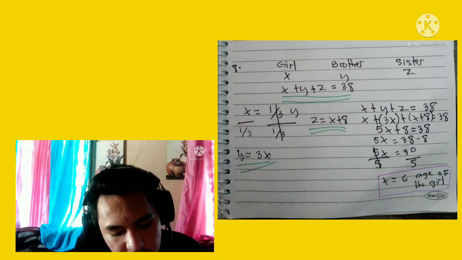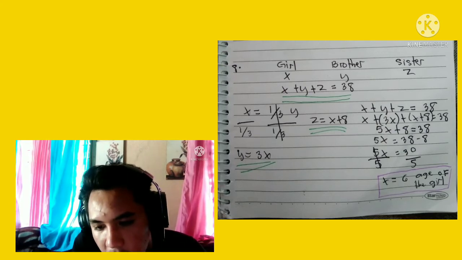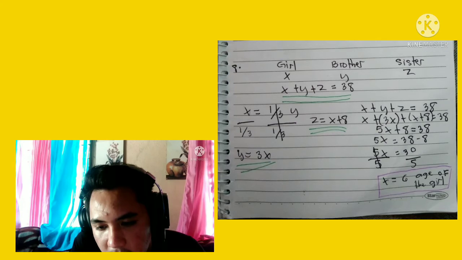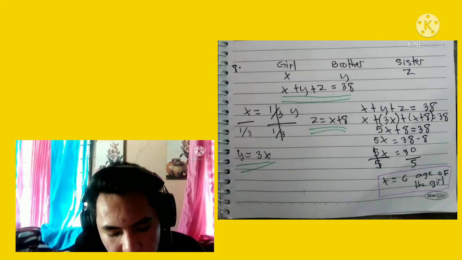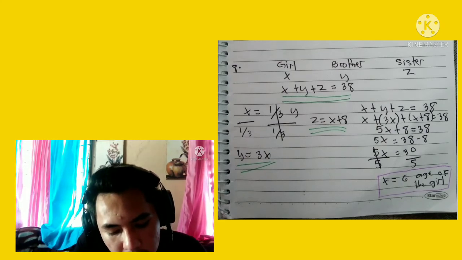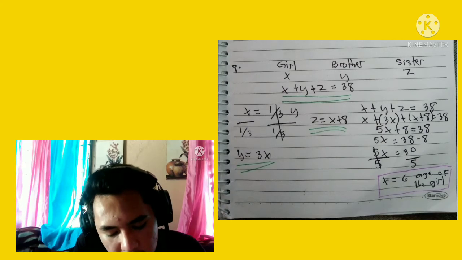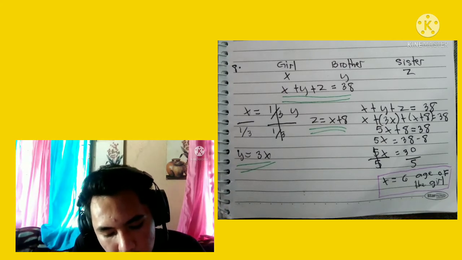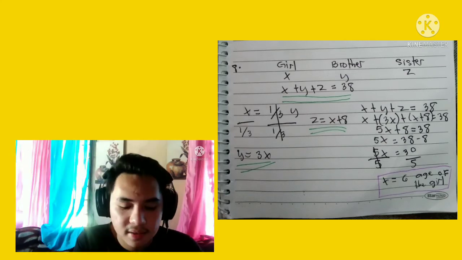So x equals 1/3 y, because the girl is 1/3 as old as her brother. So we have x equals 1/3 y, divide both sides by 1/3. So we will get y equals 3x.